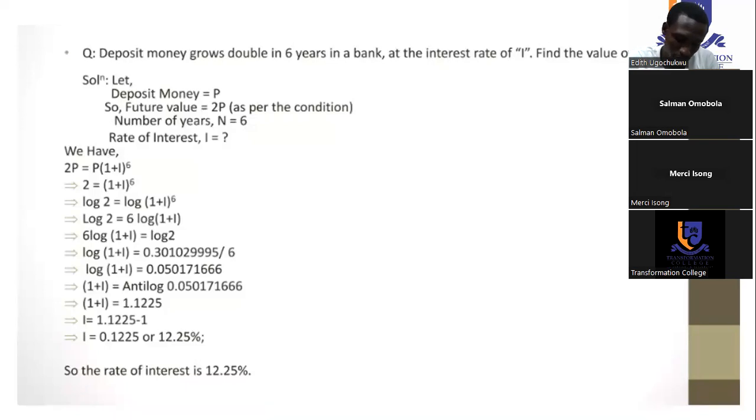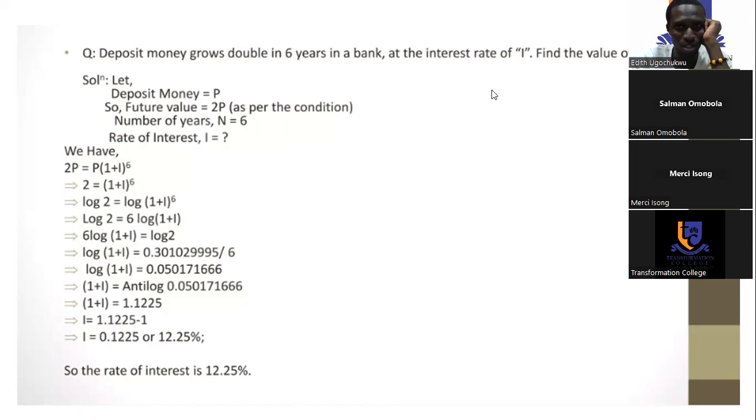But in logarithm, you have log a base 10 plus log b base 10 becomes log a times b base 10. So we can see they are the other way around.